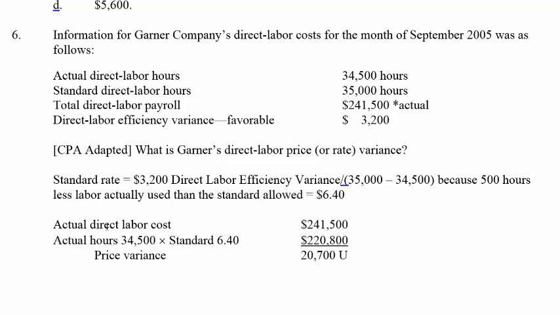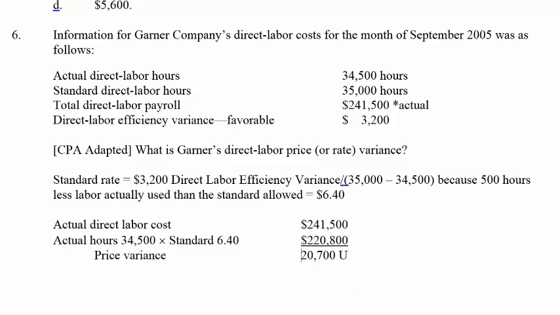Okay, so this is actual hours used times the actual rate, which gave us the actual payroll for the period. But then here we are using again the same actual hours, but we're changing the rate and using this standard rate or standard price that we calculated up here, and that's how we're able to calculate the price variance.